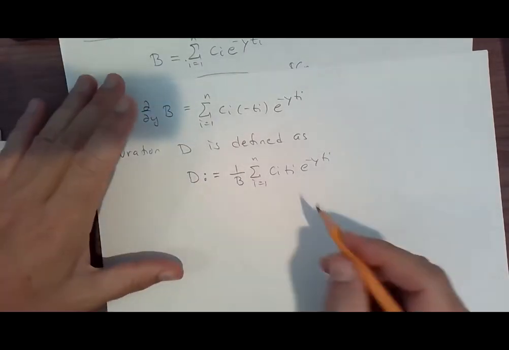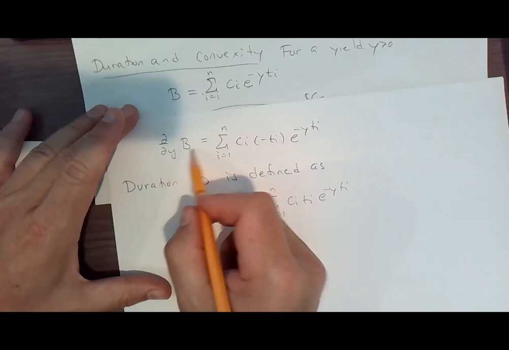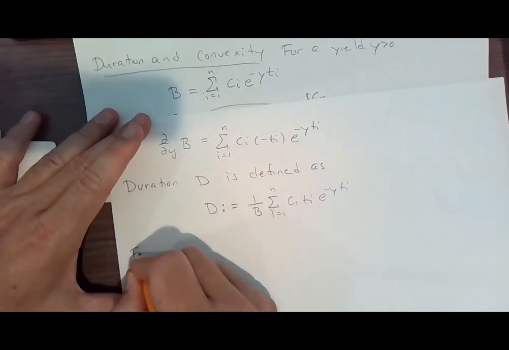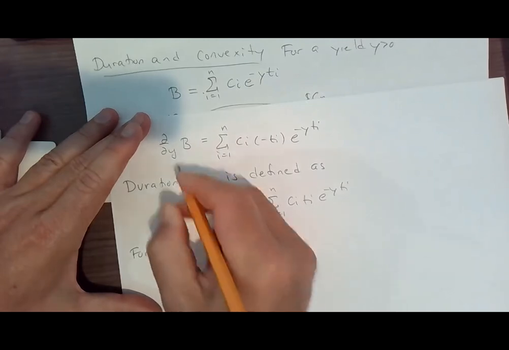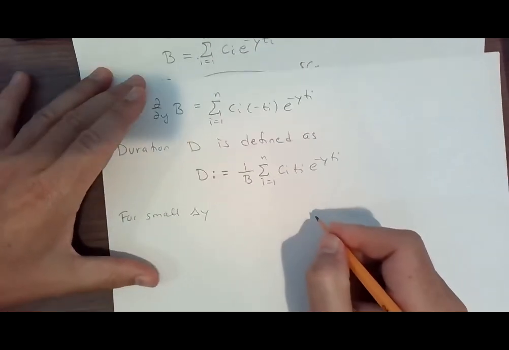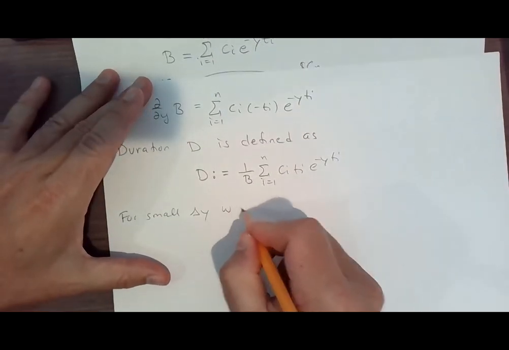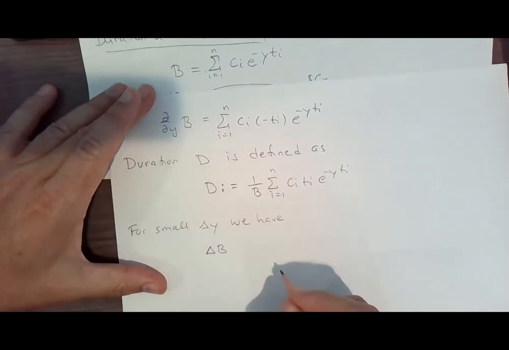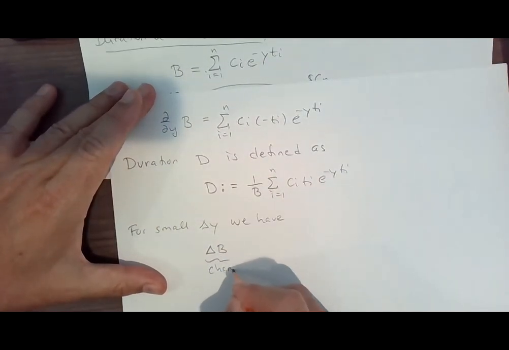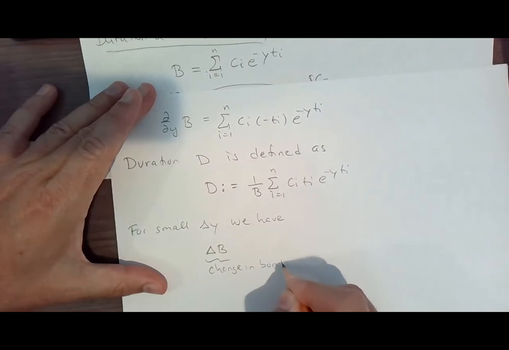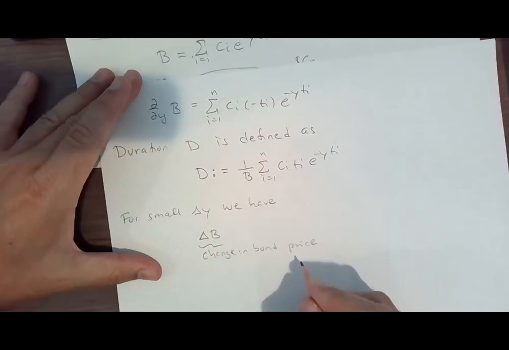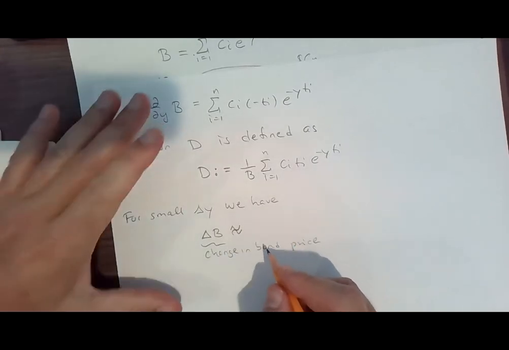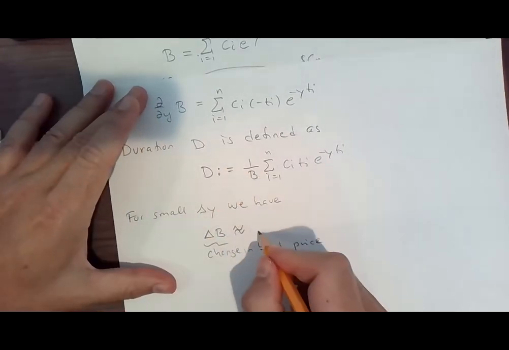And the reason that you're interested in duration is you have a derivative up here. So if I'm looking at small changes, so for small changes in the yield, then the change in the bond price, this is the change in the bond price, this can be expressed in terms of, well, you have your B, and there's going to be a minus sign, right?